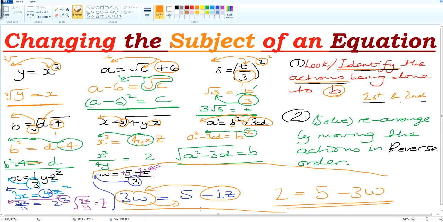The idea is not to have a minus z as a subject. The idea is to try to avoid dividing by -1s, because that just adds an extra level of complexity and an extra chance of making mistakes for students in the exam. So that's why I'm giving you this alternative method. Normally we wouldn't move the thing that we're trying to work out, we move everything else. But in this particular instance, because what we're trying to work out is negative, we move that instead, make it positive, and then carry on.